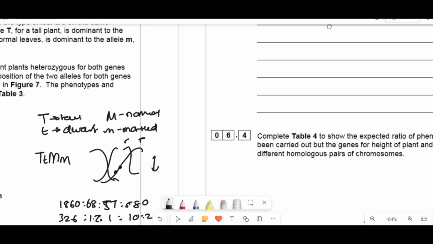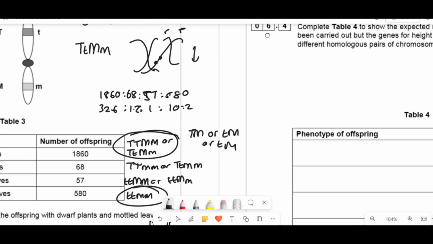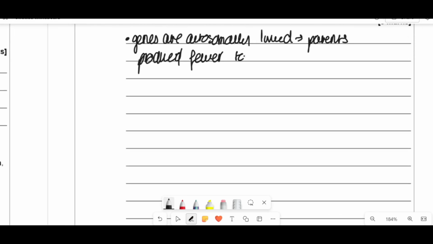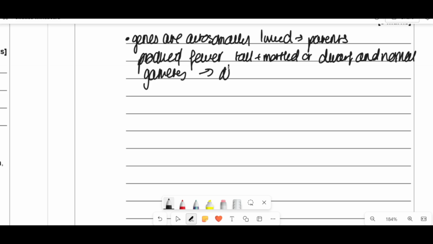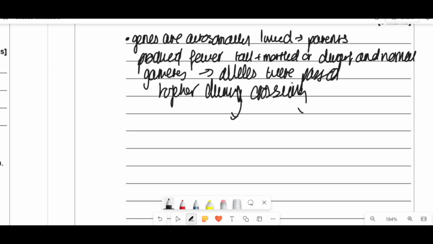So they've made fewer, big T, little m, so tall plus mottled or dwarf and normal leaved offspring gametes, must have been because these alleles were passed together during crossing over. That's what autosomal linkage is.